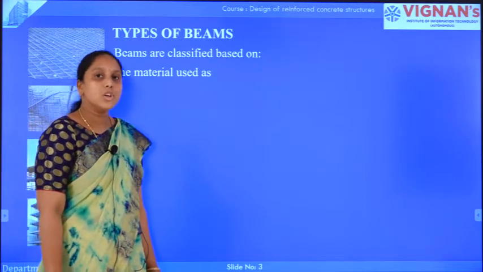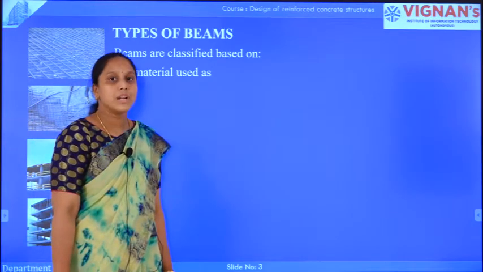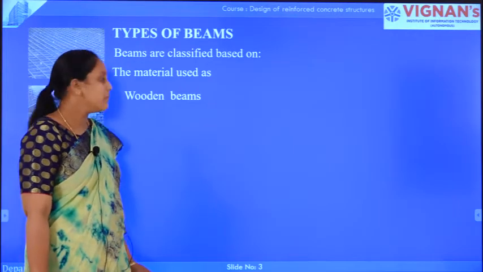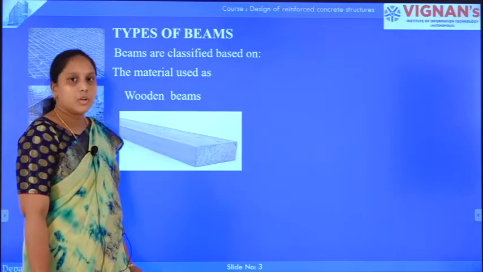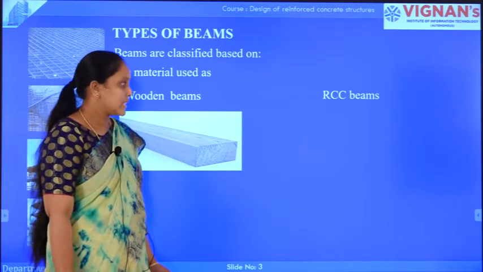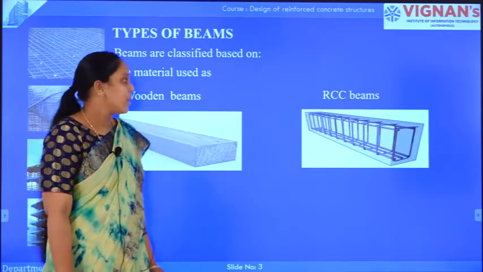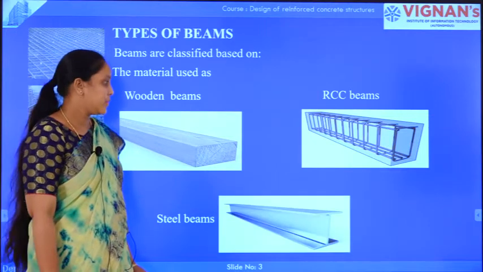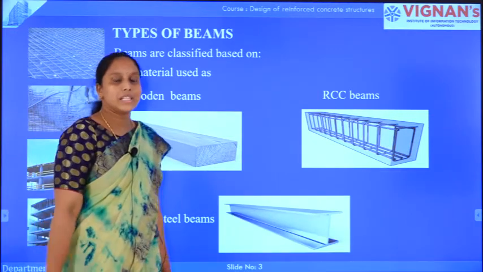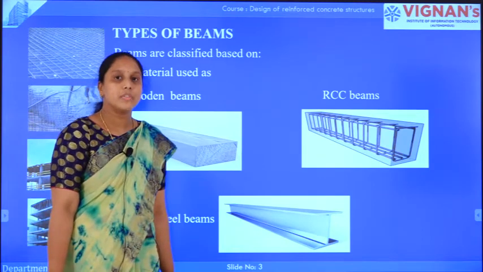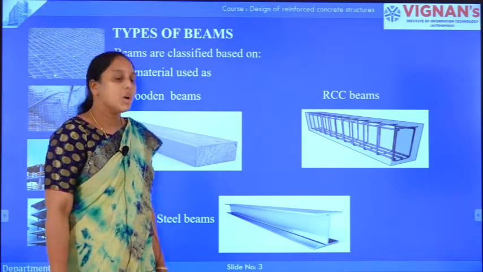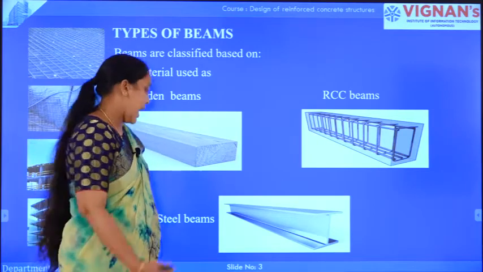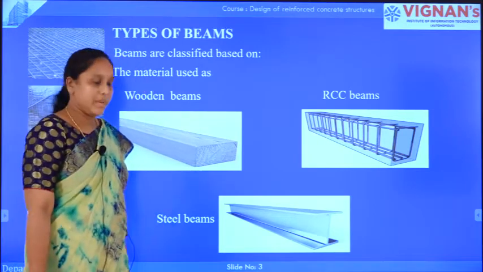So, based on the materials used, the beams are classified as wooden beams, RCC beams, and steel beams. So, these are the classification of beams based on the materials used.